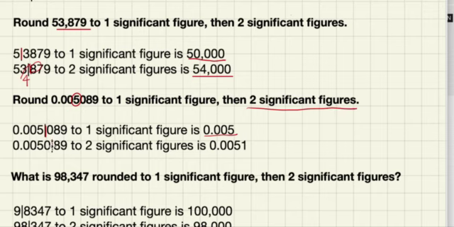So the line goes there, and then 8 is in the category 5 and above, and so this value will change by 1. So this becomes 0.0051, and as you can see, this is the calculation here. So these are both correct.